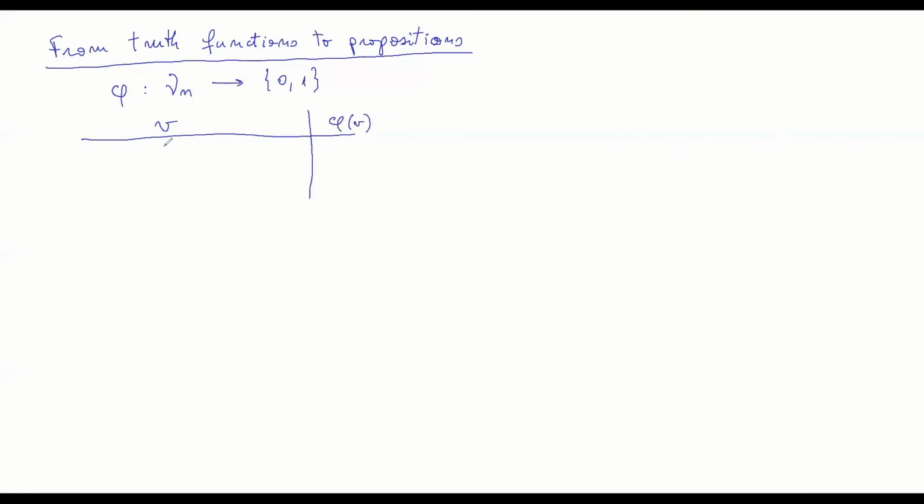So we can think about this truth function as being given by such a truth table. And in this truth table, we have to define what's the value for all possible combinations of V. And we have the first one where all of the n components are equal to 0. And let's say that this is vector v0. Then we have the next one where all of them are 0 except the last one being 1, and let's say we denote this by v1.